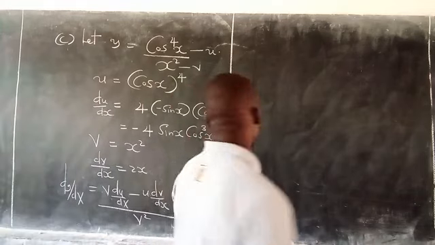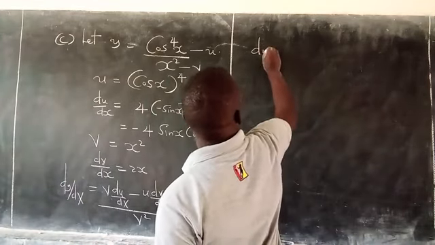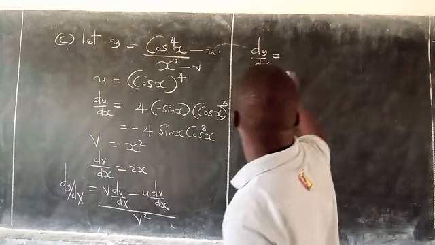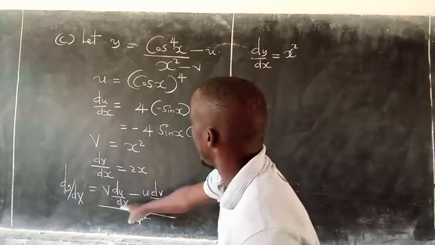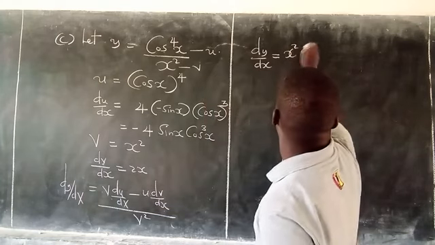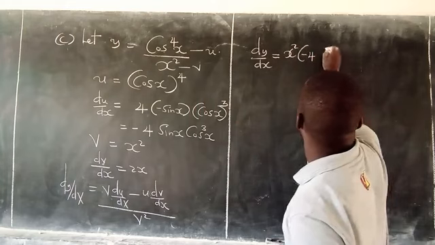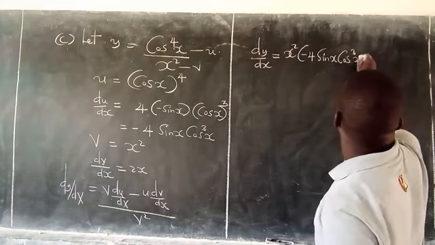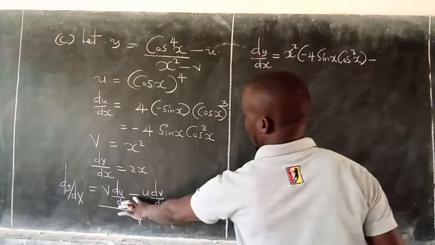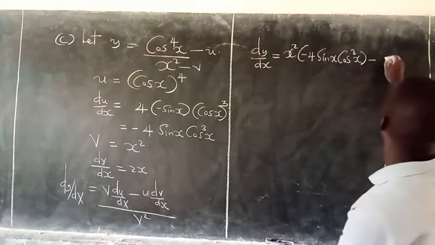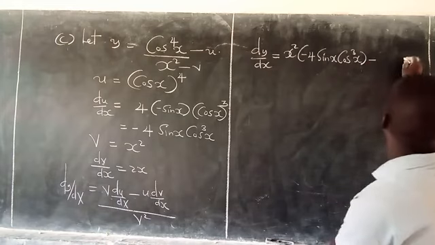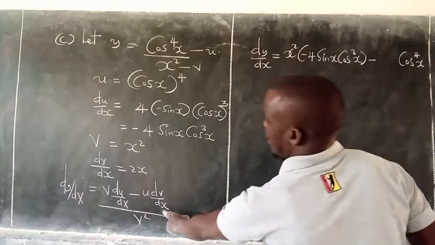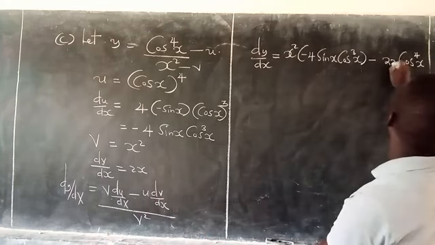So we now do the substitution. So that now dy/dx becomes v, which we know as x squared, times du/dx, which we know as minus 4 sine x cos cubed of x, minus, we have this minus here, u, but u is cos power 4 of x, and dv/dx is 2x, so I'll have a 2x there.